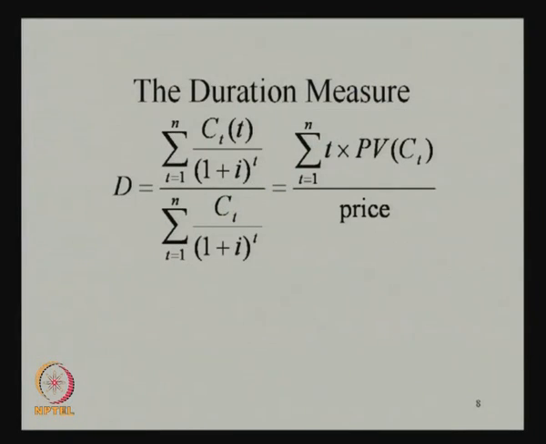That is why it is written here, the duration is nothing but the coupon, you are discounting the coupon here, CT divided by (1+i)^t, the present value of the coupon, multiplied by T, the time period, divided by the price level, and that will give you the value of the duration of this particular bond. This divided by the market price of the bond will give you the duration.